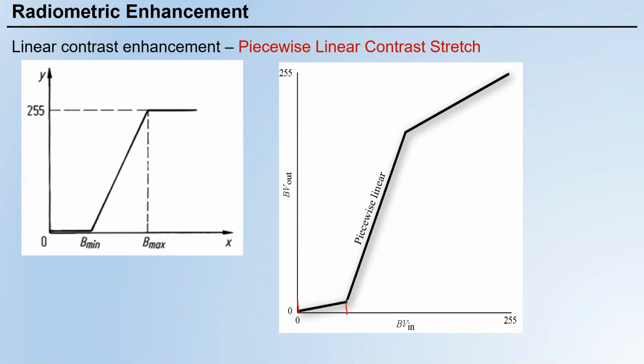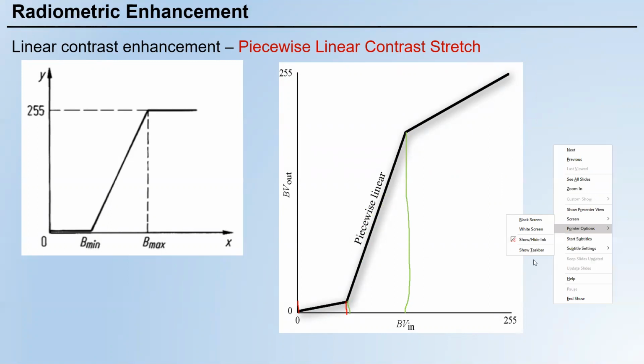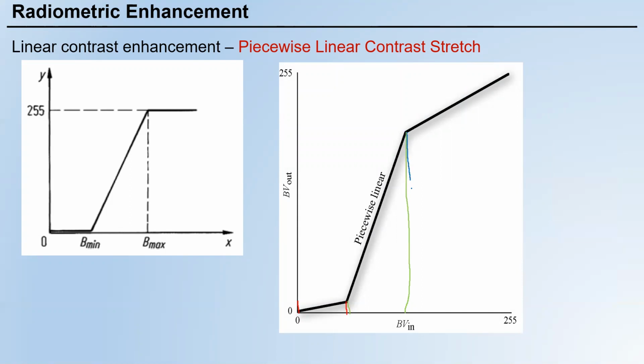Other pixels with value from here to here. Pixels with values within this green range, they are enhanced by the second segment. Similarly, we have the third segment here, right? So say blue pixels. So pixels with values from here to 255, they are enhanced by the third segment. So this is why this method is called piecewise linear contrast stretch.